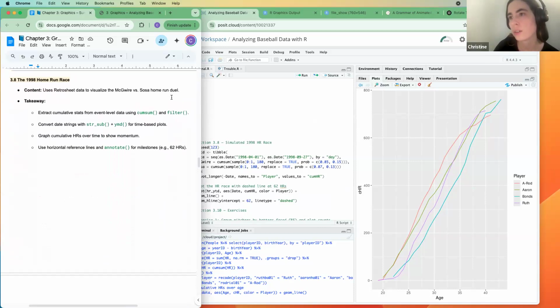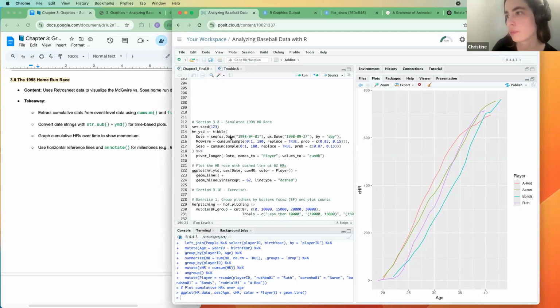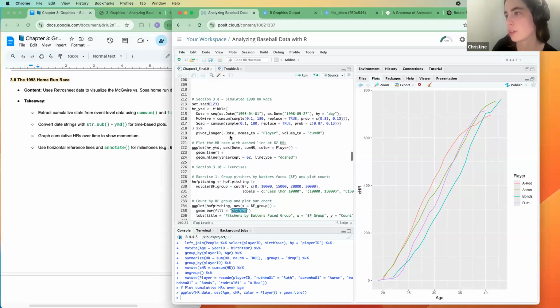Oh, I had some trouble with this one, but here we're looking at McGwire versus Sosa. Pull this up. Yeah, it's momentum.